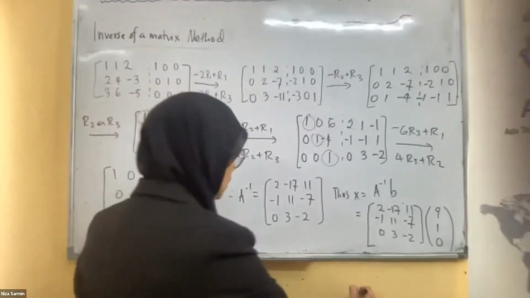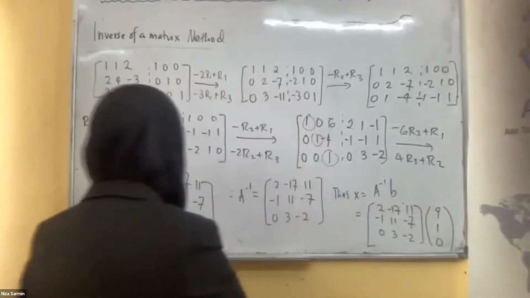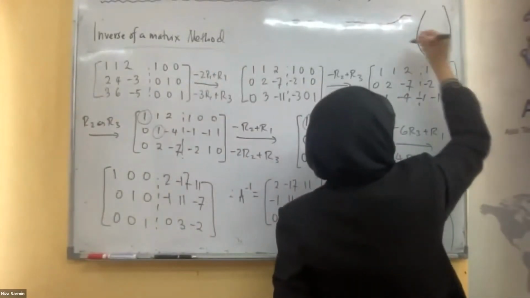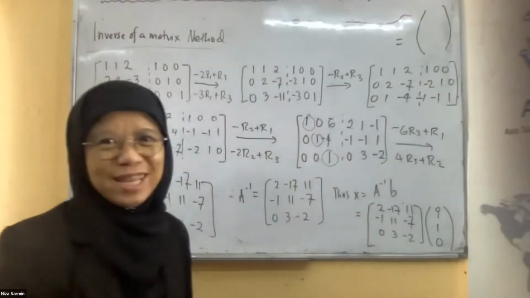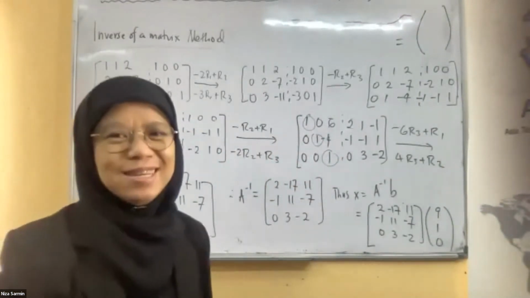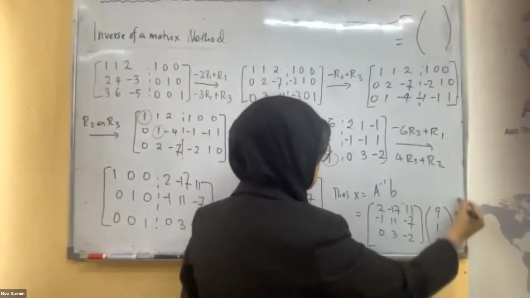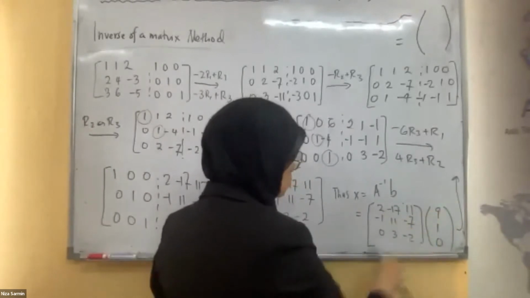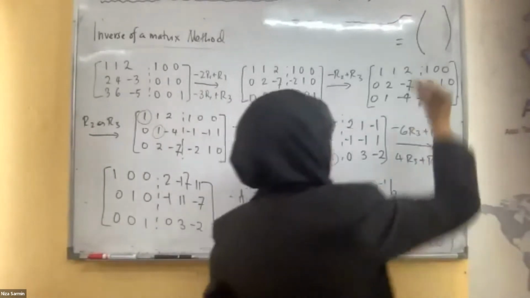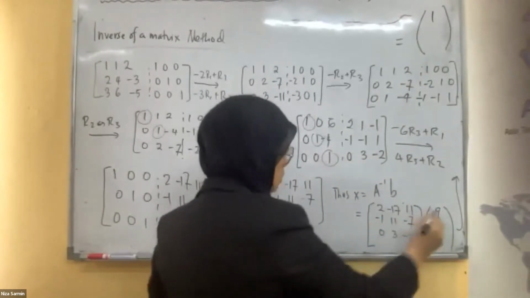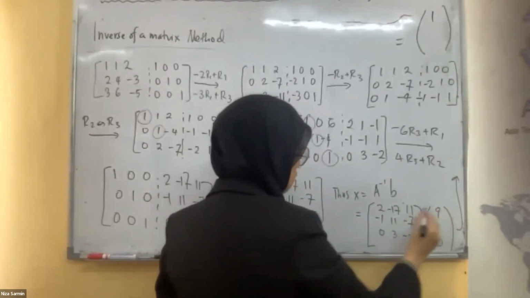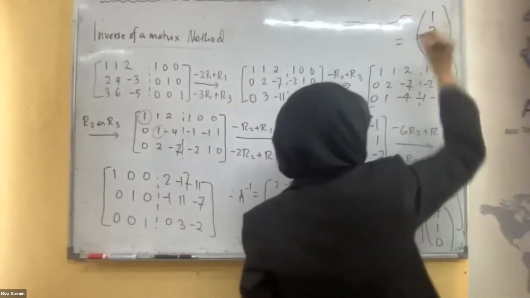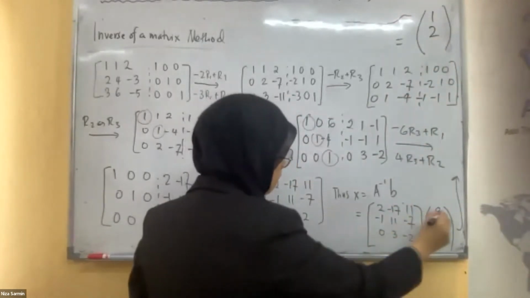Okay, equal, okay, I will write. Right? Okay. Don't do this at home. I mean, don't do this in your notes. Okay. Multiply as usual. So 18 minus 17, 1. 9, negative 9 plus 11, 2. 3.